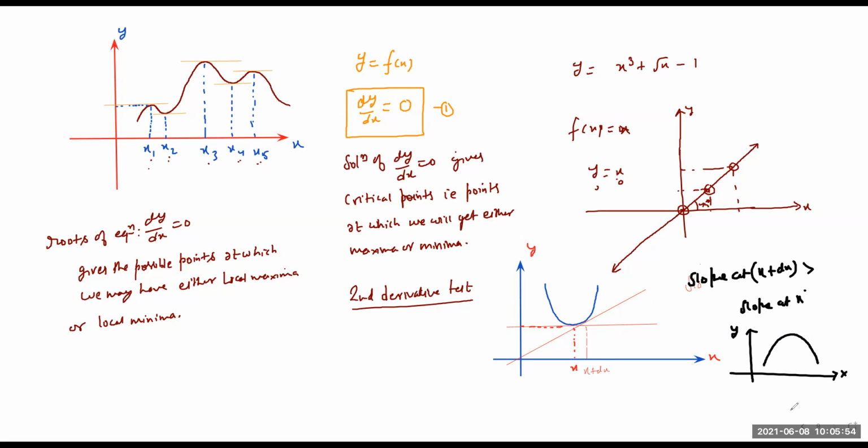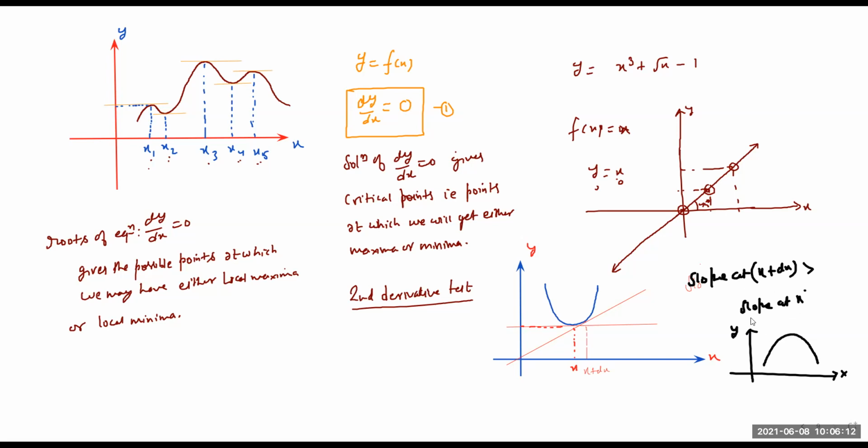If you look at the graph on the right hand side, you can see at the topmost point, that is the local maxima, the slope is how much? 0. But imagine the point very next to that point.